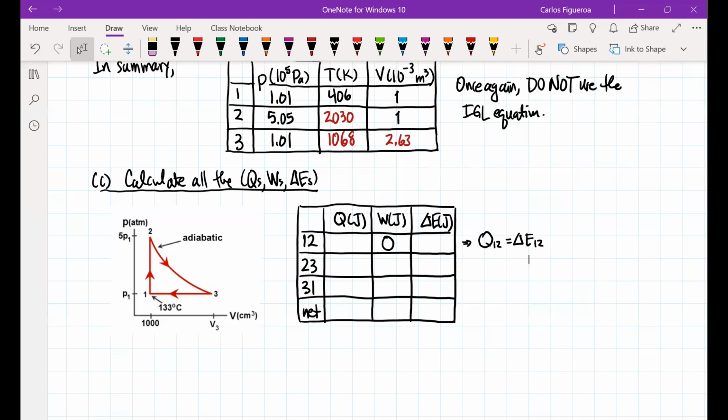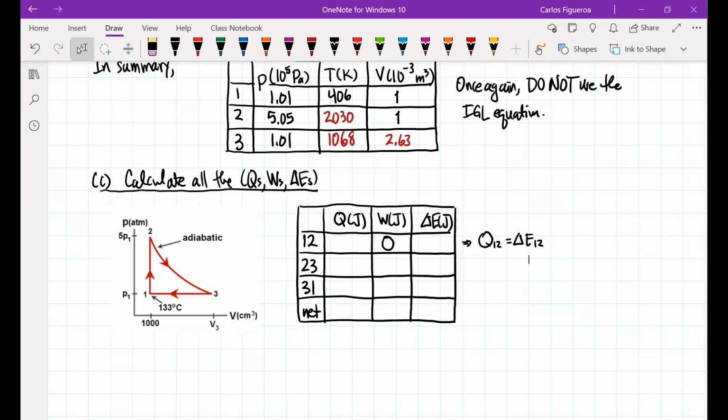What I said is that I would calculate the internal energy first. So I will now calculate the internal energy between 3 and 1. We know that has to be negative. I'm going to use the exact same process, and I'm going to move a little bit faster here. This is going to be N CV delta T 3, 1.